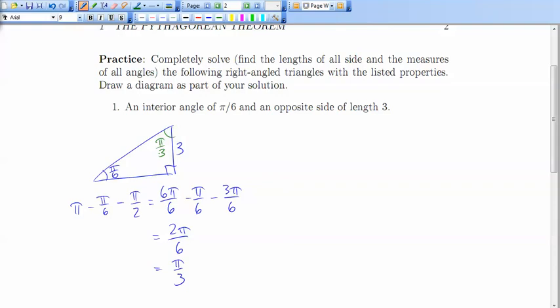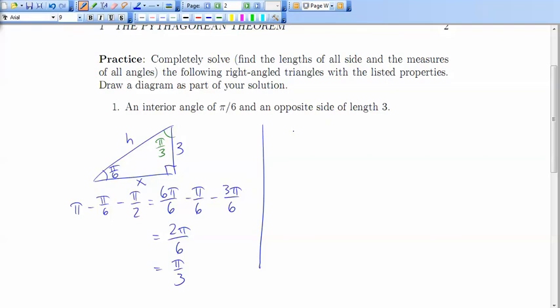So that tells me the measure of the missing angle up there, pi by 3. Now, we should be able to figure out what our different side lengths are. So, for instance, let's say I want to find the hypotenuse, I'll call it h. I could use just a trig ratio.